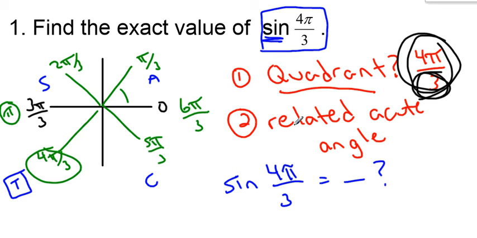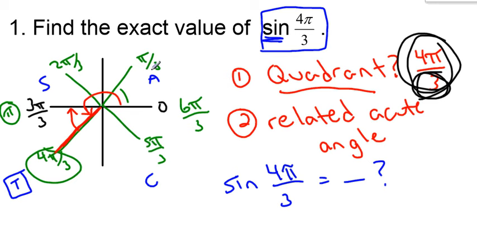Well, now I want to find the related acute angle. The related acute angle is always the angle formed between the terminal arm of the principal angle, the angle that started at 0 and rotated, and the x-axis.